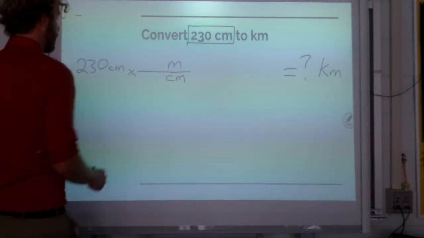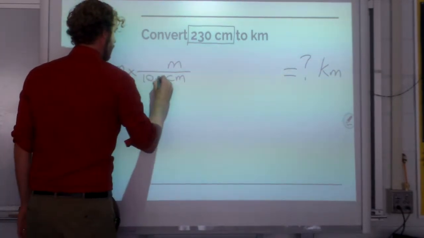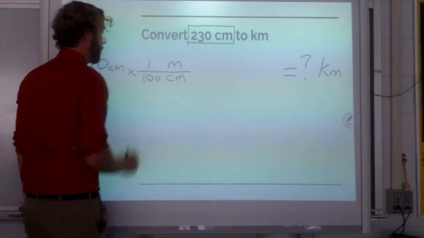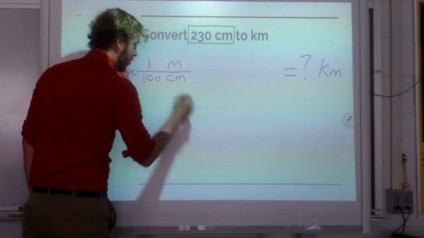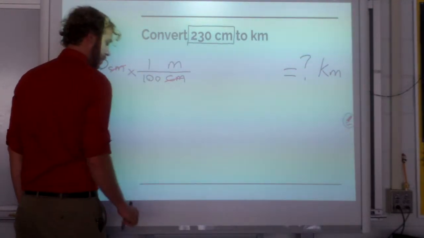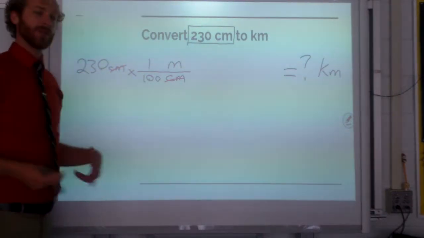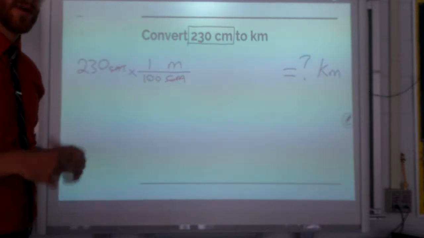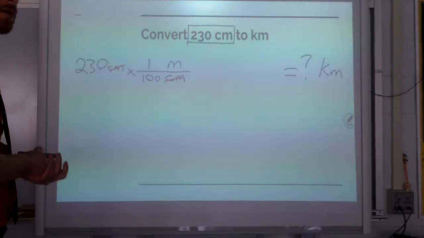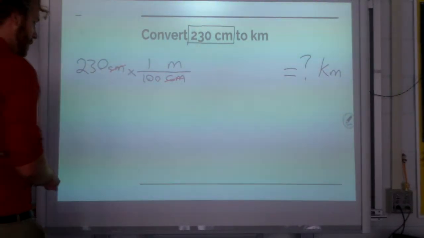We know that there are 100 centimeters in 1 meter. This lets me get rid of my units, centimeters. Now you can do your math here, your calculator. I recommend waiting till the very, very end to do your calculations so you can do it in one step.